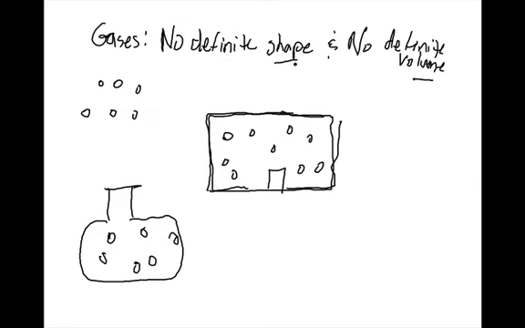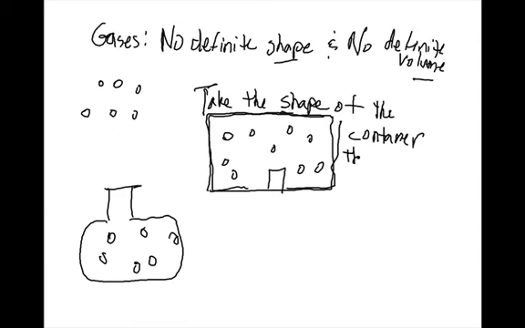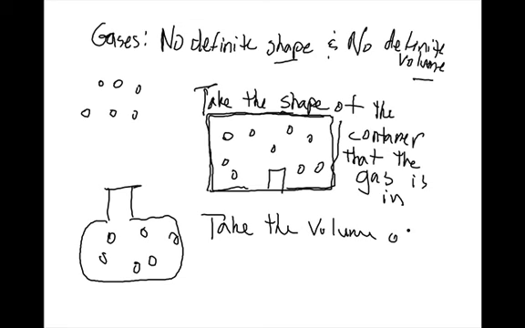And so it has no definite shape. The volume is based on whatever the container's volume is. So we could say that it is going to take the shape of the container that the gas is in, and we can also say that it's going to take the volume of the container that the gas is in.